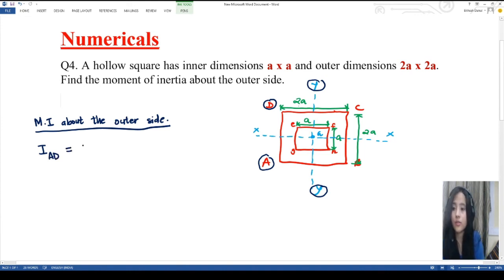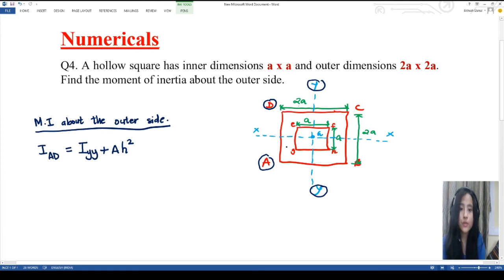So the parallel axis theorem formula will be equal to I y y. Why I y y? Because AD is running parallel with y axis, right? Plus area of the hollow square into the perpendicular distance between the two axes.